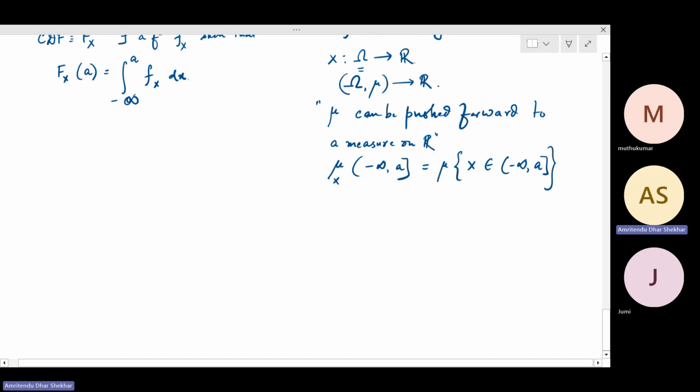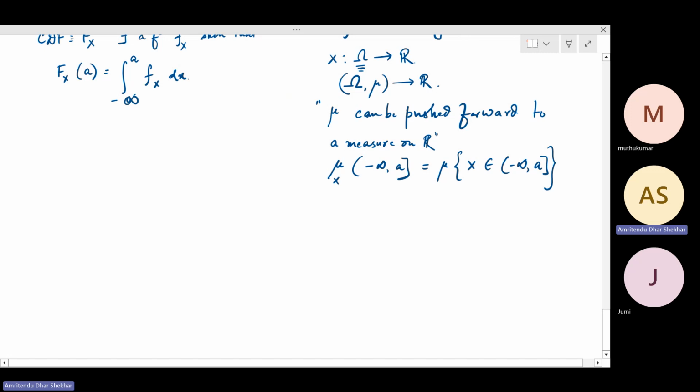So x is a function, so you can invert it: x inverse of minus infinity comma a gives you some measurable subset in omega, and you take the measure of that.